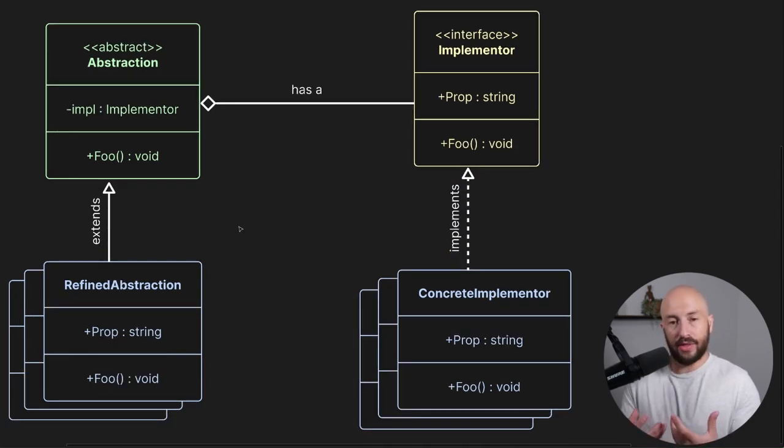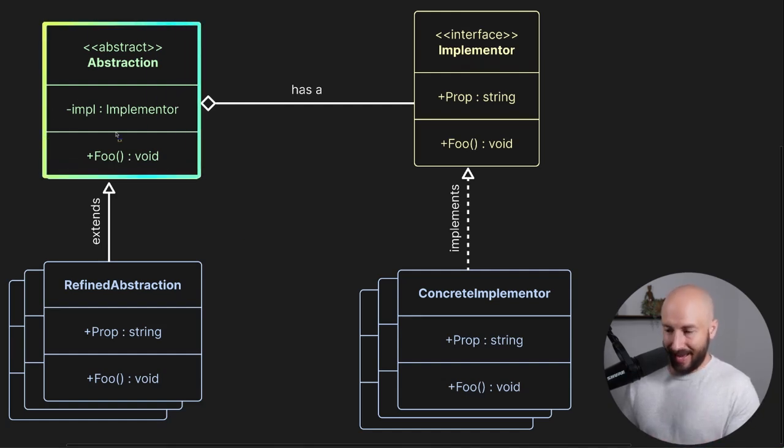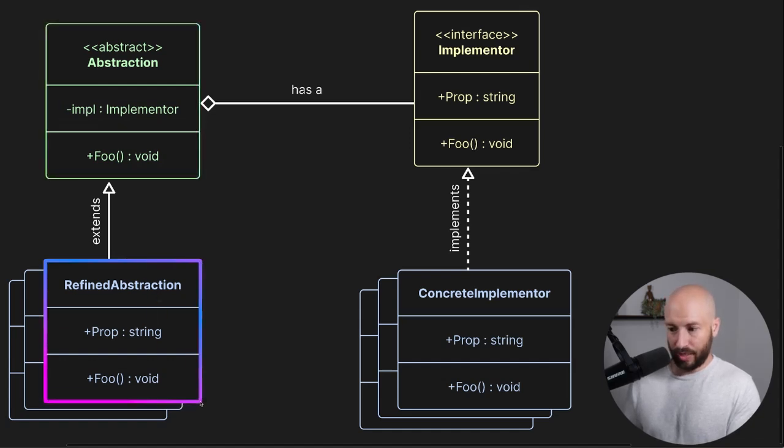Now is where this starts going back to the definition of the Gang of Four. We have the abstraction containing in it an implementer, meaning that each one of the refined abstractions, because they extend the abstraction, also has in it a reference to an implementer. Now in runtime, the client will hold in their hand one of the refined abstractions, right?